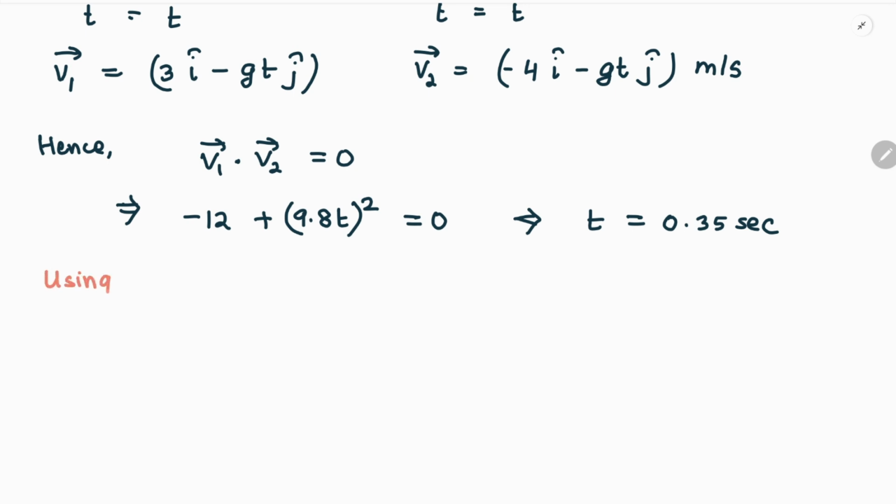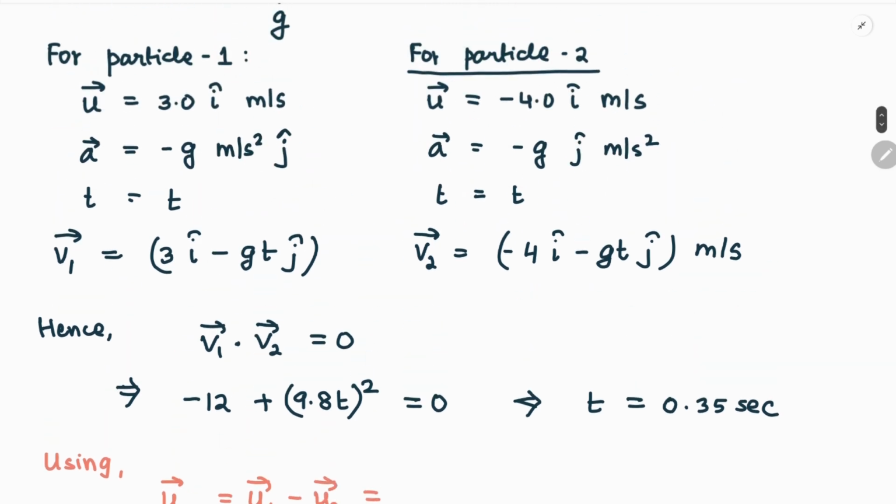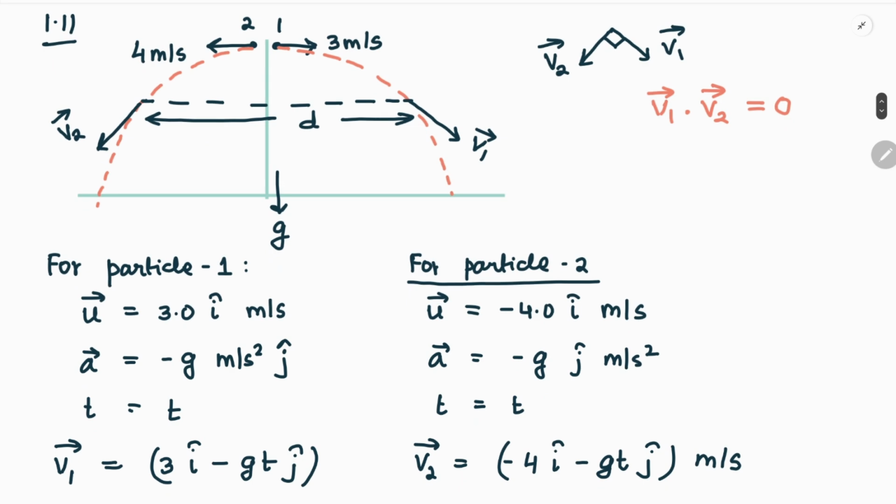Using the initial velocity of particle 1 with respect to 2, we can write it as u1 minus u2, where u1 is equal to 3 i cap meter per second and u2 is minus 4 i cap meter per second.